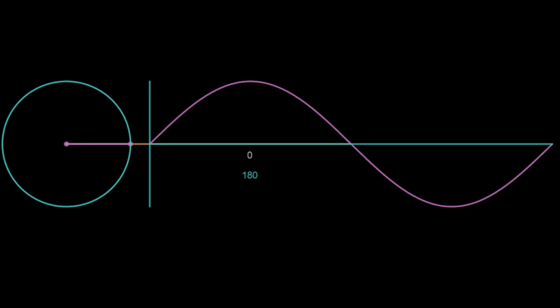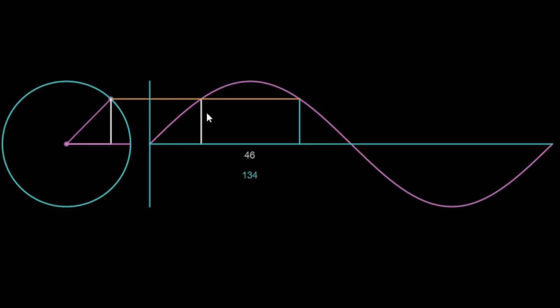Our three trigonometric functions, sine, cosine and tangent, are going to have two angles which will give us the same value. Now I'll show you what I mean by that. If we were to take the point on the circle and rotate it around the circle, and look at the sine function, you'll see here that we have the white line which exists at 46 degrees, and the blue line which exists at 134 degrees.